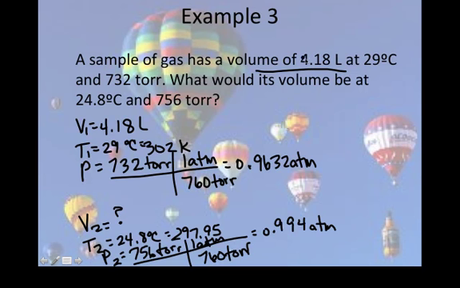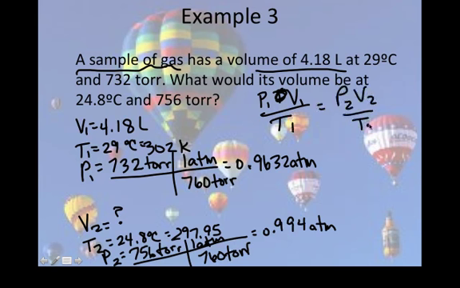Alright, so now I think we can simply apply the ideal gas law, right? Because that will allow us, no, not the ideal gas law, the combined gas law. That will allow us to calculate the volume, and it just says a sample of gas, so moles is not changing. So we're going to do P1 times V1 over T1 equals P2 times V2 over T2.